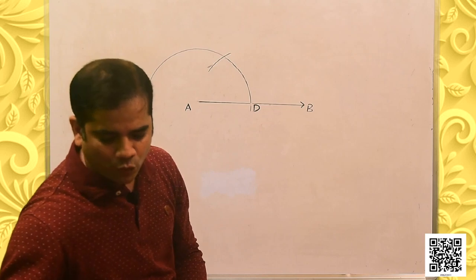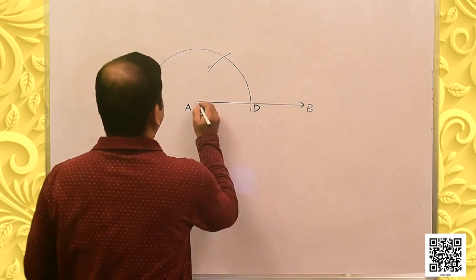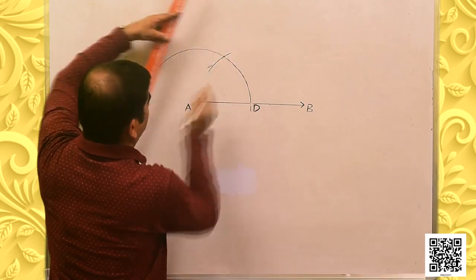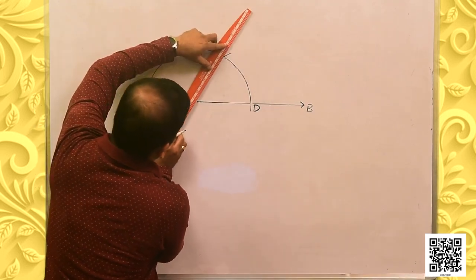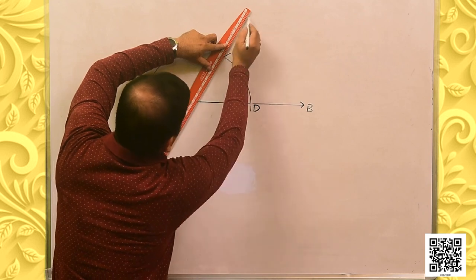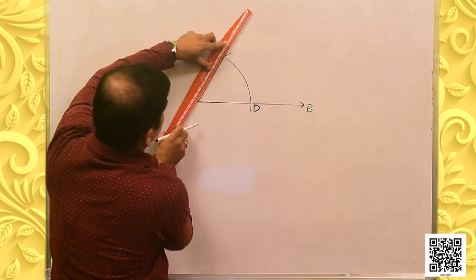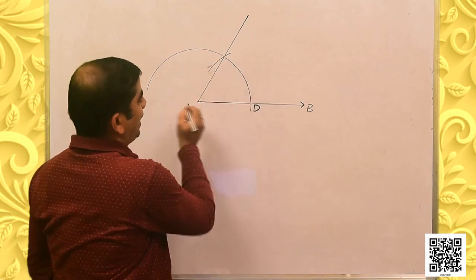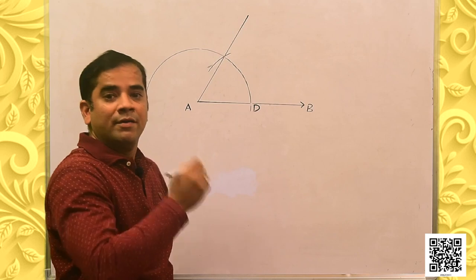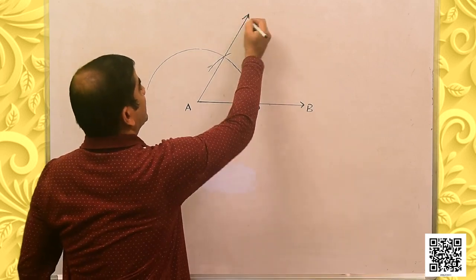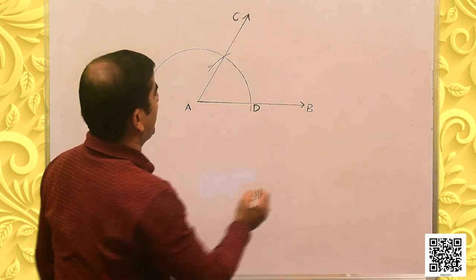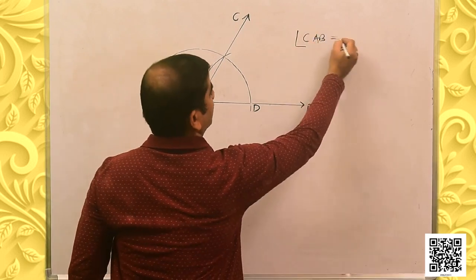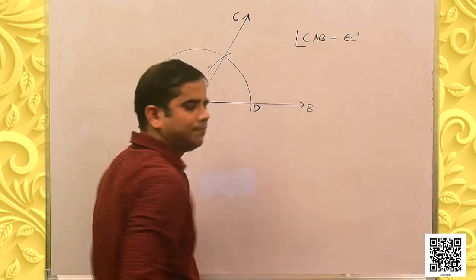Now, we need to join that point of intersection with the point A. When we join the point of intersection with point A with a ray that goes towards C, we have created an angle CAB which has the value of 60 degrees.